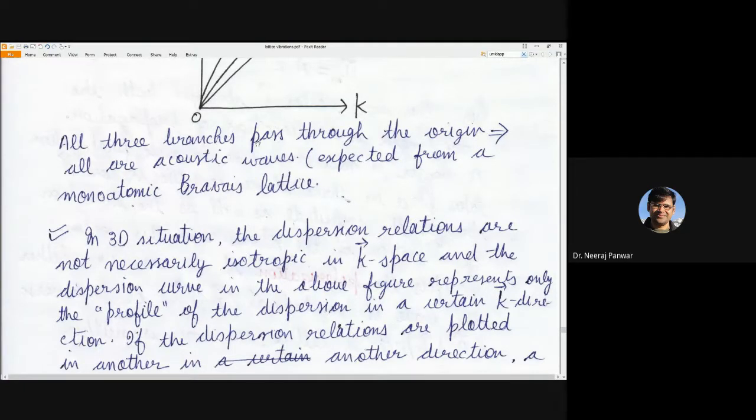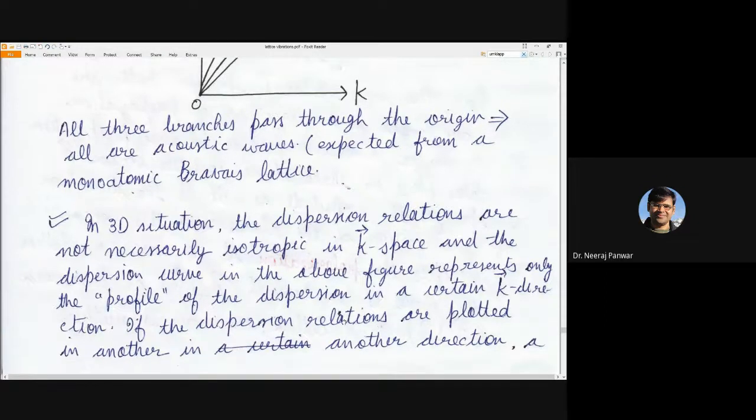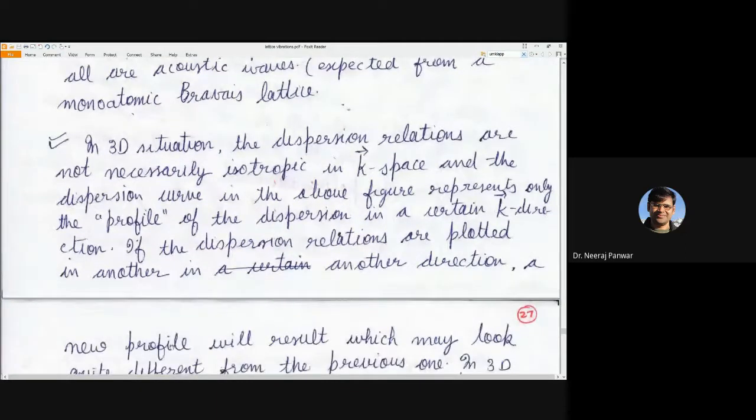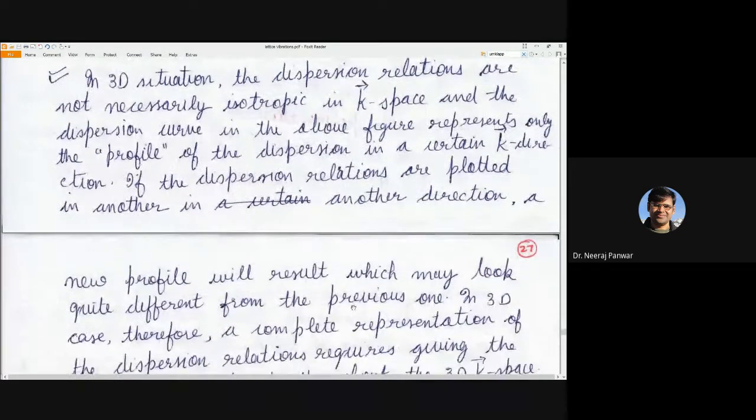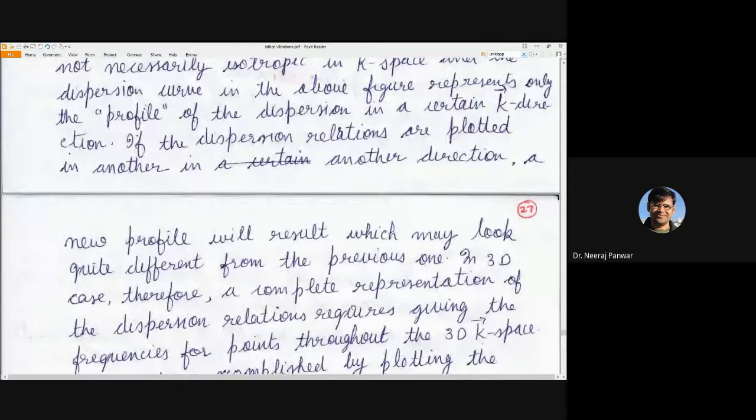So this dispersion curve represents only the profile of dispersion in a certain k direction. If the dispersion relations are plotted in another direction, a new profile will result, which may look quite different from the previous one.